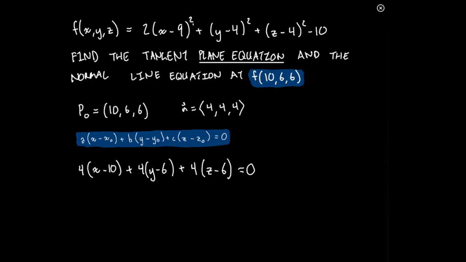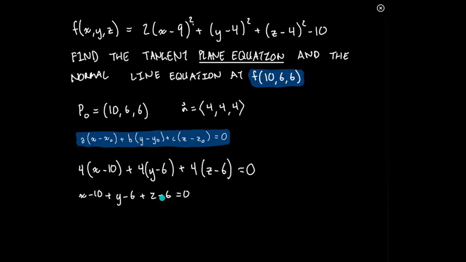That's our tangent plane equation, but can this be simplified? Yes, it can, because we have 0 on the other side. All of these 4's can just be divided out. So we end up with x minus 10 plus y minus 6 plus z minus 6 equals 0.